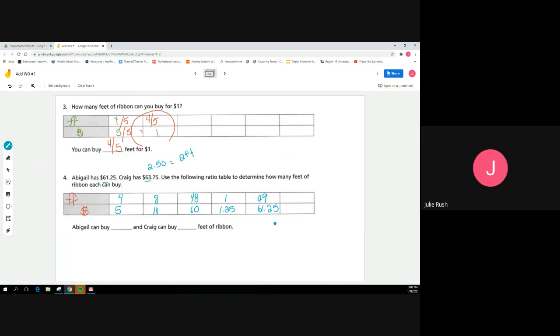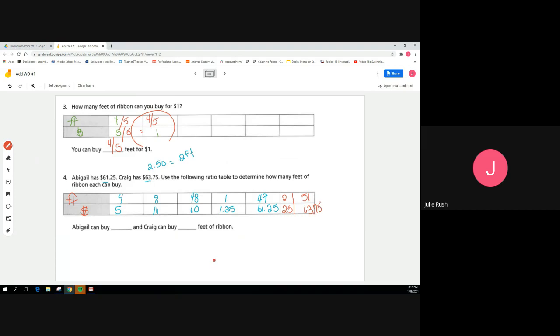I need to add, so I'm going to just throw it in my other. So I need 2.50 here. Well, I know that if 1 is 1.25, then 2 is 2.5. And then I'm just going to add. And so our 51 feet of ribbon costs $63.75.